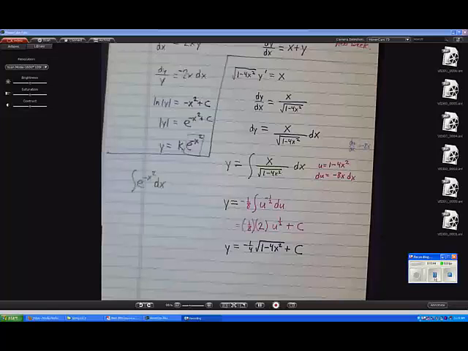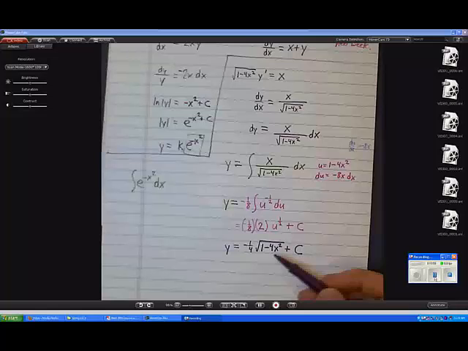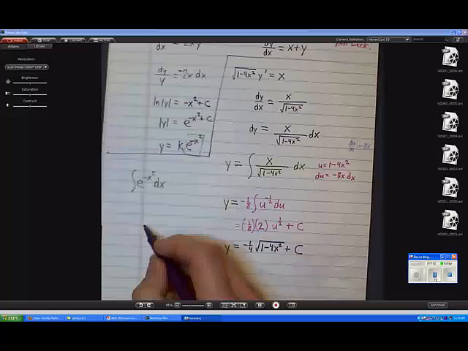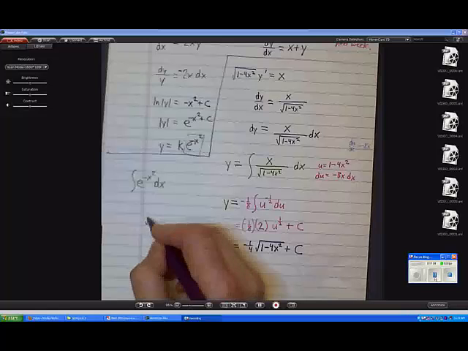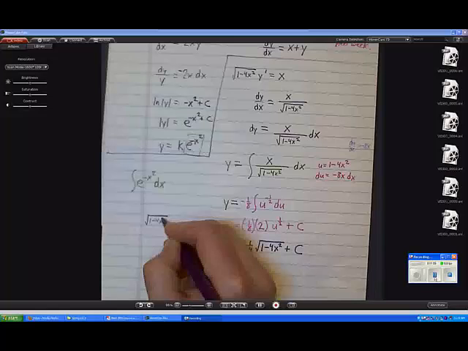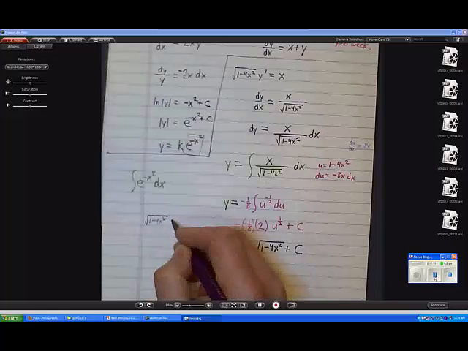Why can't x be 0? Not x, the 1 minus 4x squared is 0. Right. If we had the square root of 1 minus 4x squared equal to 0, that would be a problem.